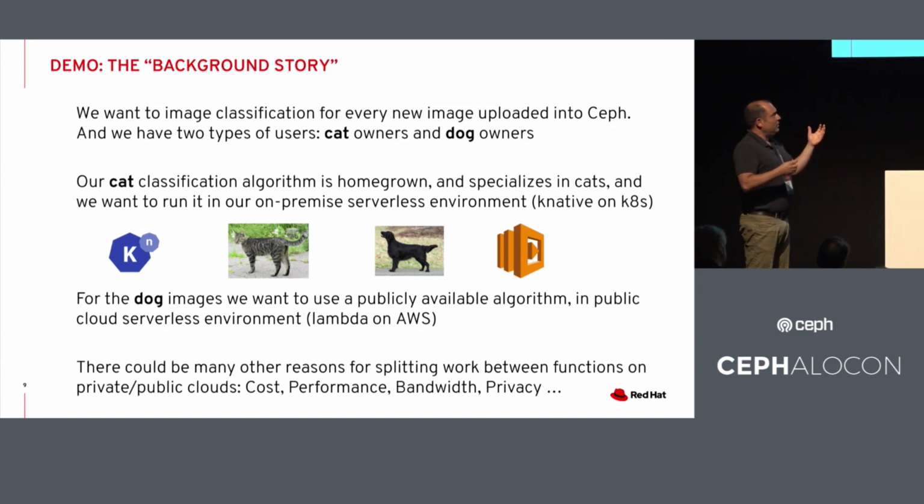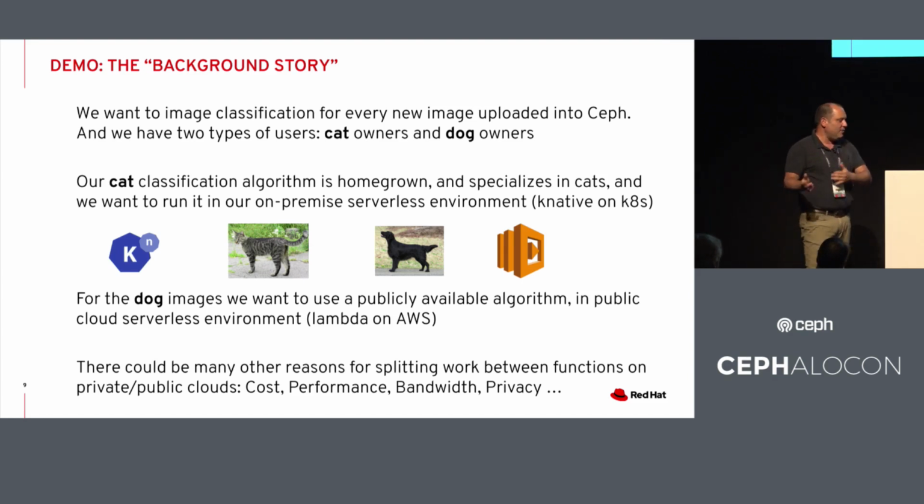And for cost effectiveness or whatever reason you can come up with, we want to do this processing in the public cloud, not in our on-premise cloud. Again, those are just things I made up, but I can pretty much be sure that any of you that actually use those systems can come up with cost, performance, bandwidth, privacy, whatever real reason why you want to do some processing on your on-premise cloud and some processing on the public cloud.